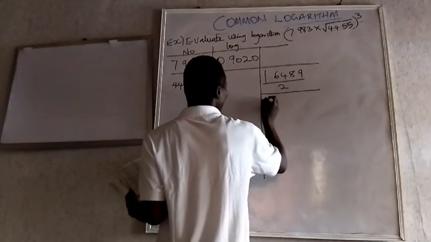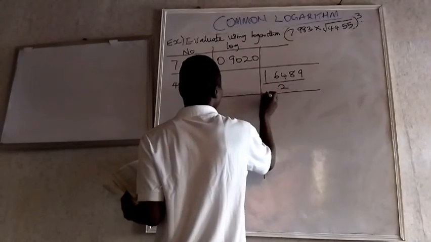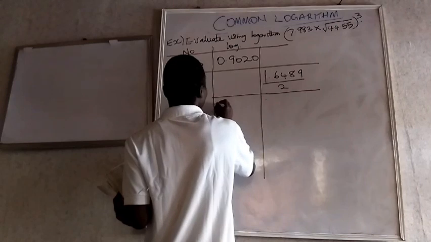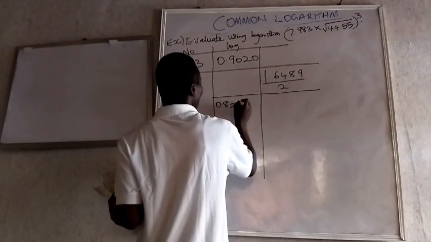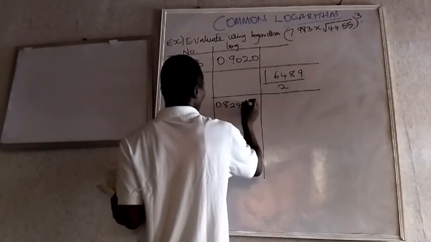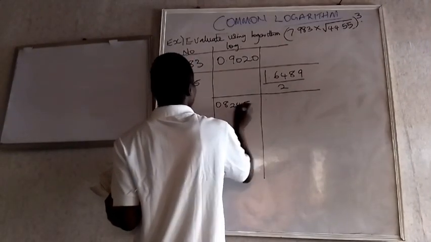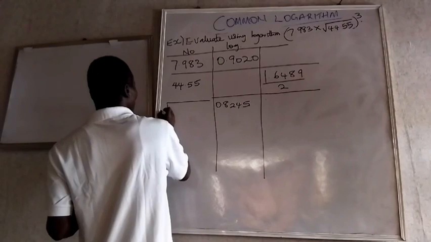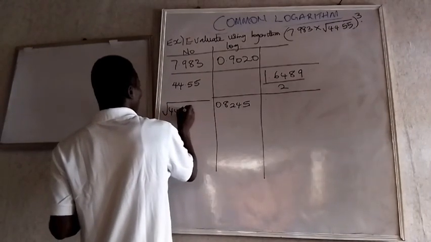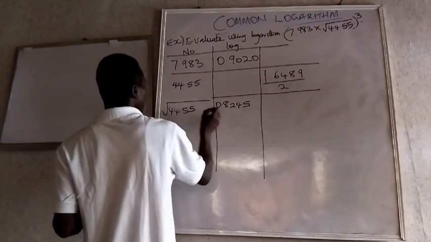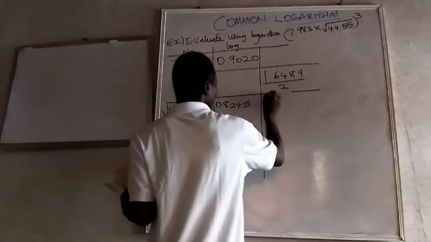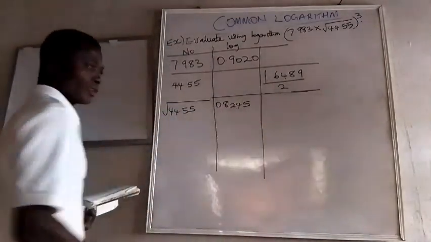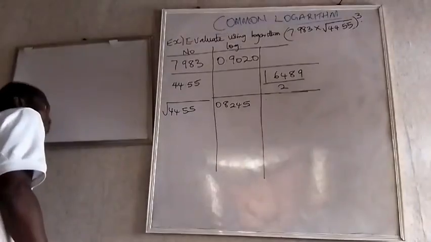It gives 0.8245 approximately. So this is the log of the square root of 44.55.